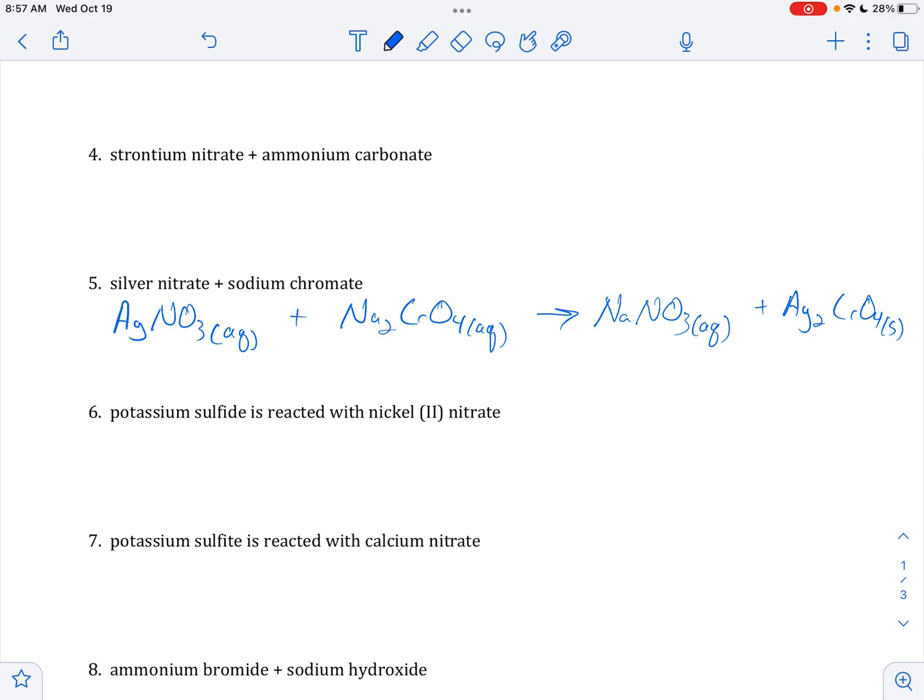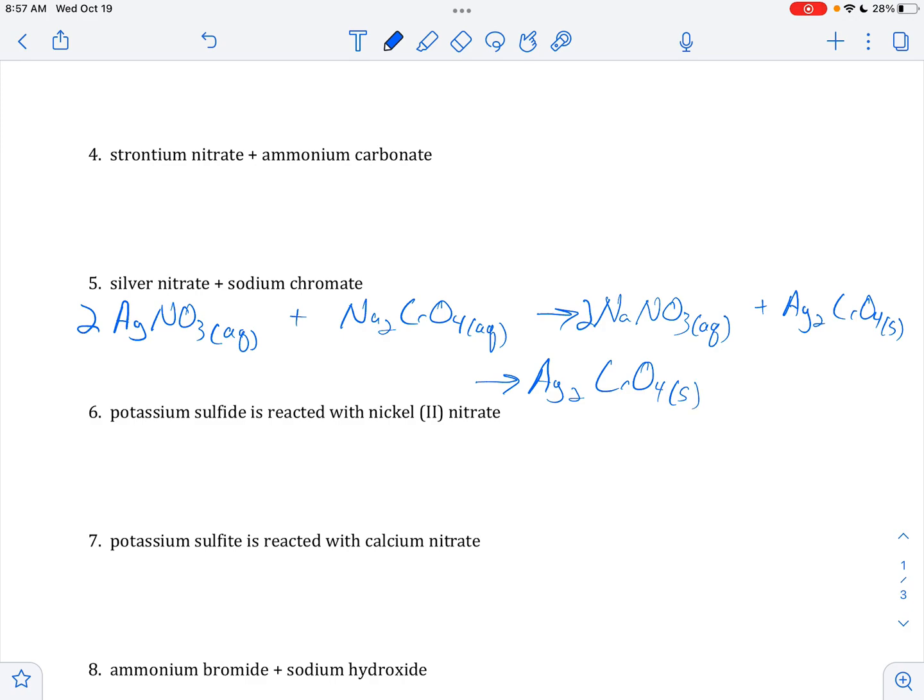I need to balance this equation, putting a 2 in front of the silver nitrate and 2 in front of the sodium nitrate. So my solid product is silver chromate.